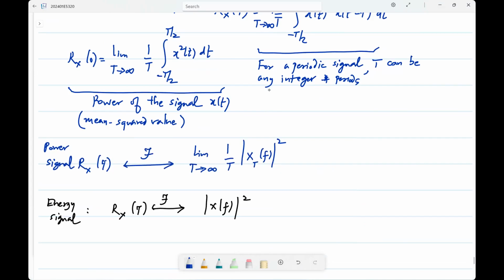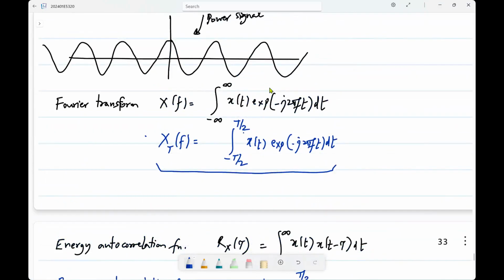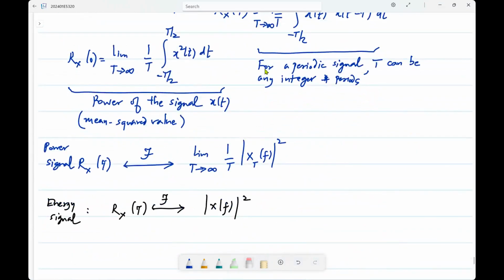So you take that sort of pseudo Fourier transform over that finite window and you take the absolute value square divided by t, you will again get a finite result. Okay. Is this fine? So earlier I had mistakenly put a 1 by t here also. That's not correct. So basically, the 1 by t should appear there.